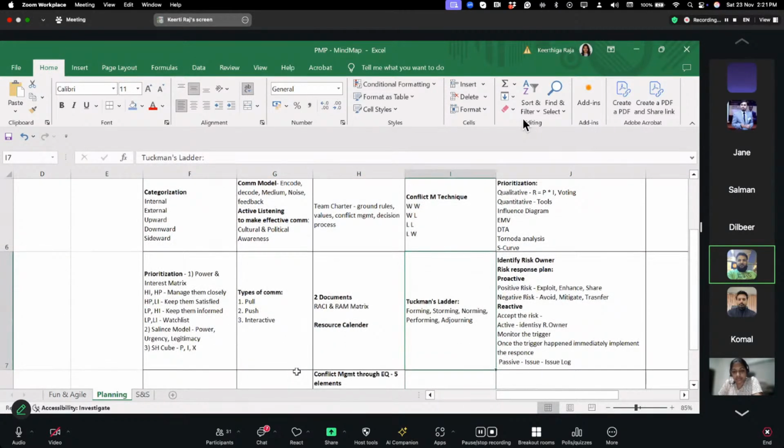Okay, so there is also one more important thing which has to be understood by the project manager himself: when is the right time to intervene. That would be based on his emotional intelligence, and how he has to handle those situations.